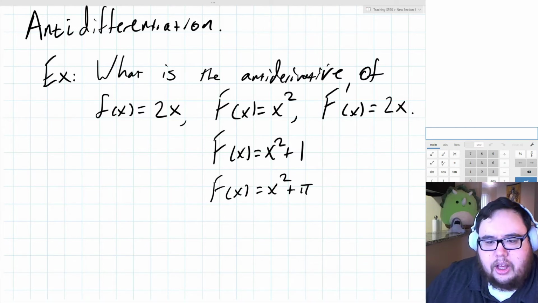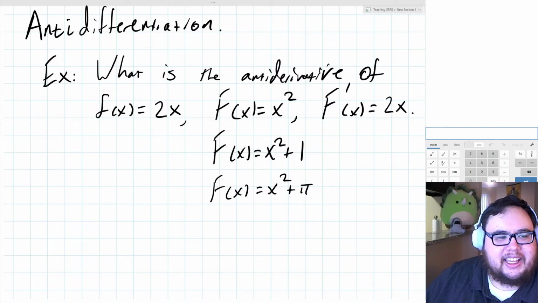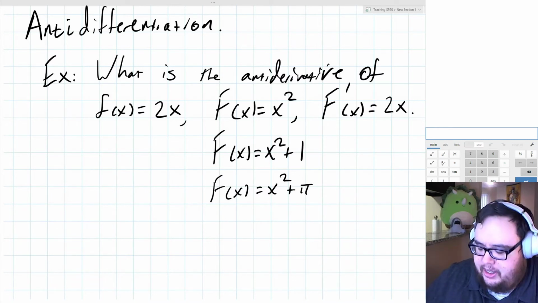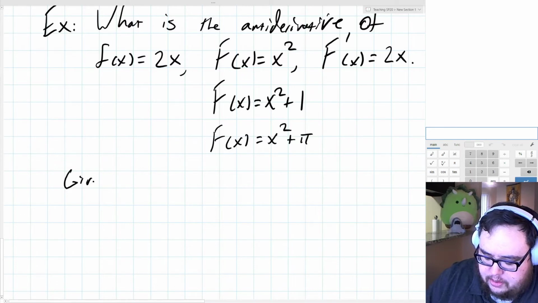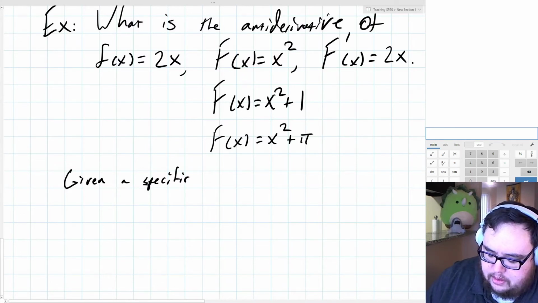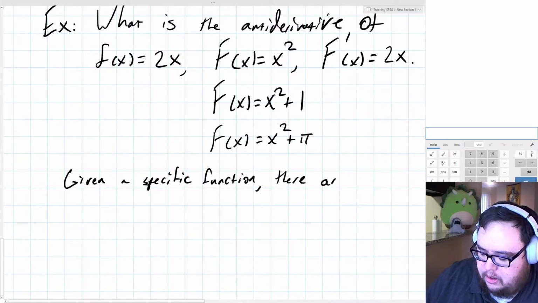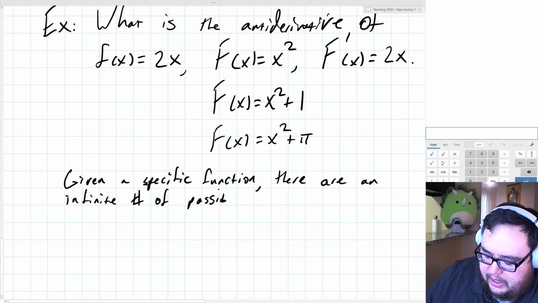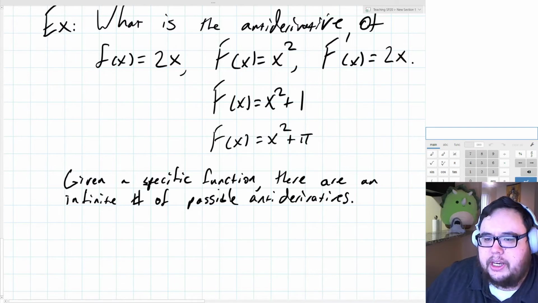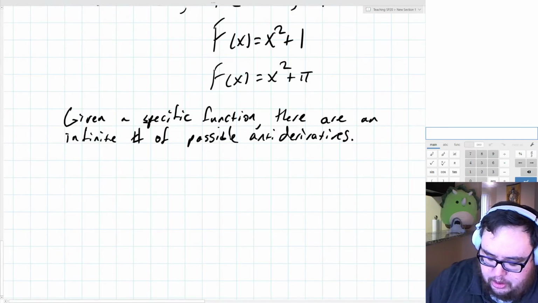Yeah. So here's our problem: given a specific function, there are actually an infinite number of possible antiderivatives. So we need to make some distinction between an antiderivative and the antiderivative.